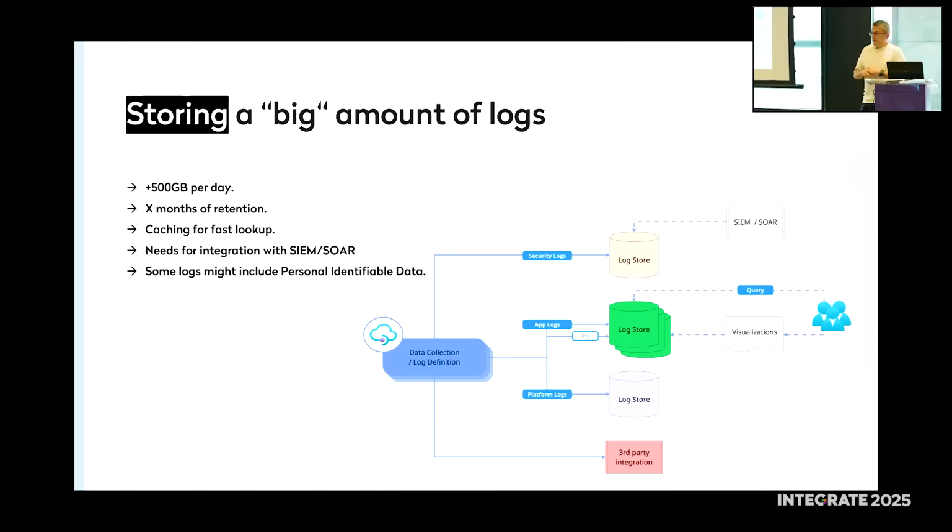They want to keep the data in the store for a certain number of months, but at the same time, they have different kinds of logs: security logs, applicative logs, platform logs. What are, for me, platform logs? Diagnostic logs. Applicative logs are the ones of your applications that you host on API management. And then some third-party integration where needed.